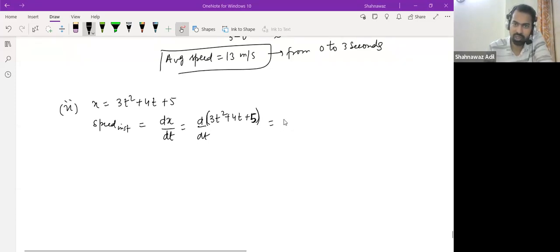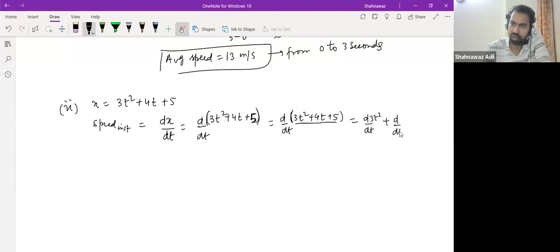So this would be d by dt of 3t square plus 4t plus 5, right? We can separately find the differentiation. So this would be d by dt of 3t square plus d by dt of 4t plus d 5 by dt.